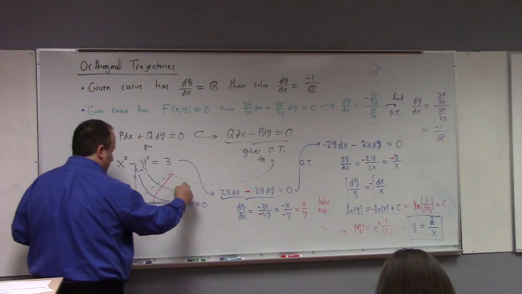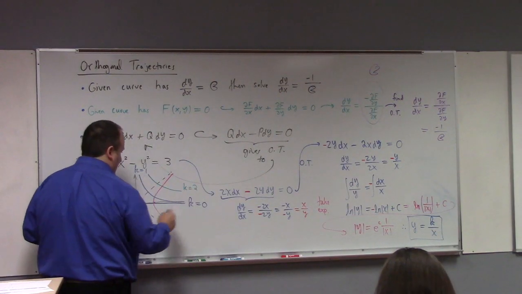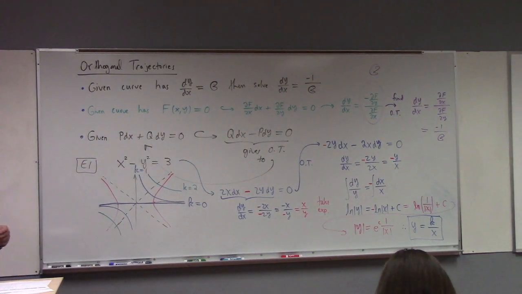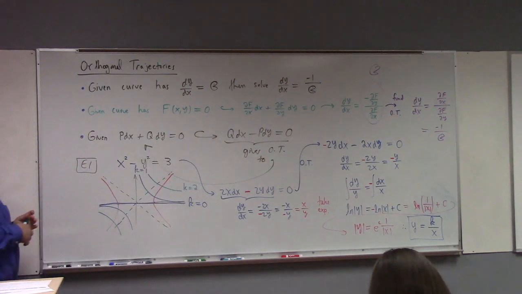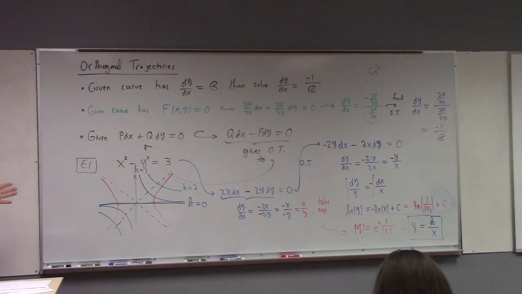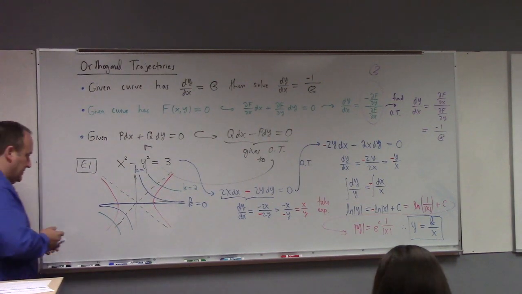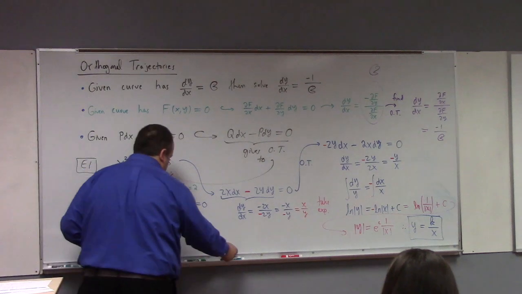Here's your k equals 2. So the positive k's are going to give you this family of reciprocal function graphs, which, by the way, are hyperbolas. The reciprocal function is the graph of a hyperbola, just rotated 45 degrees. It takes the x and y axes as its asymptotes.